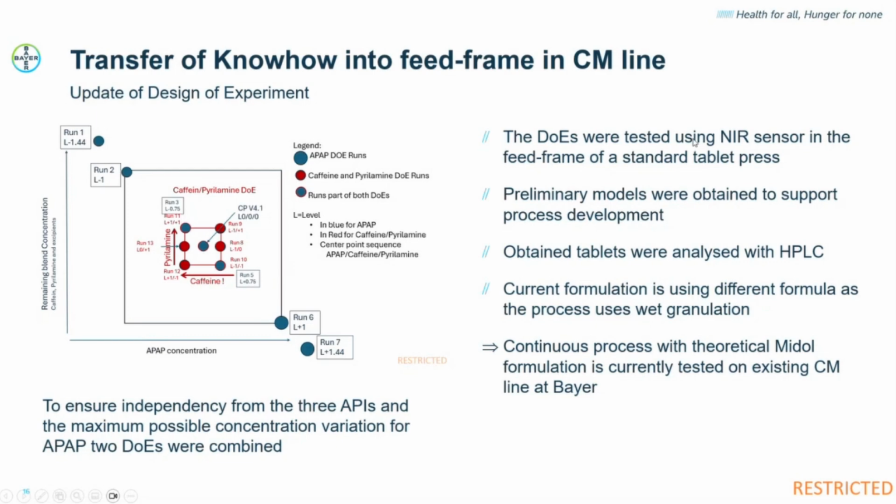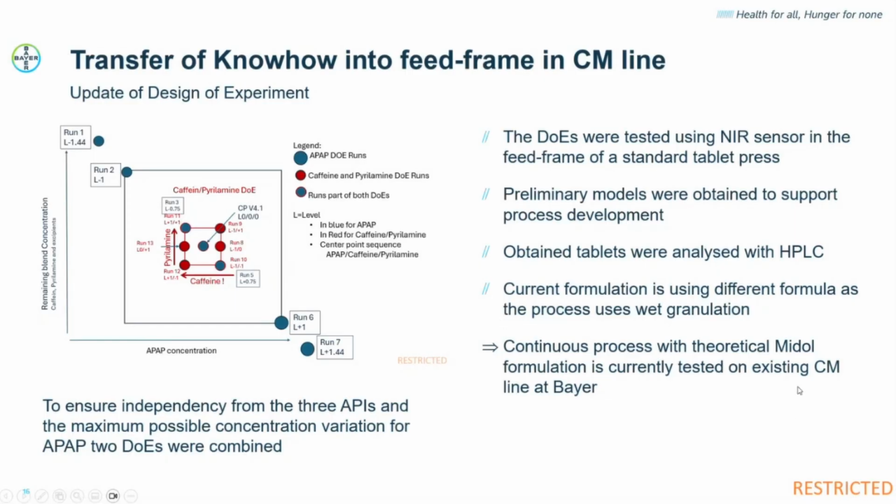So the DOEs were tested using NIR sensors in the feed frame of a standard tablet press. The preliminary models which were obtained supported the process development. The obtained tablets were analyzed with HPLC, and our current formulation is actually using a different formula, as the process uses wet granulation.